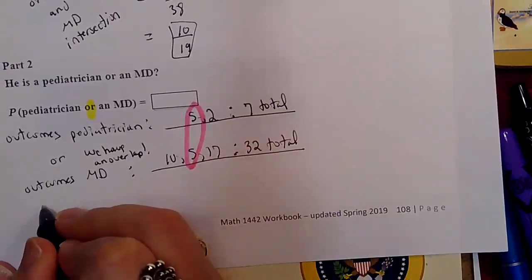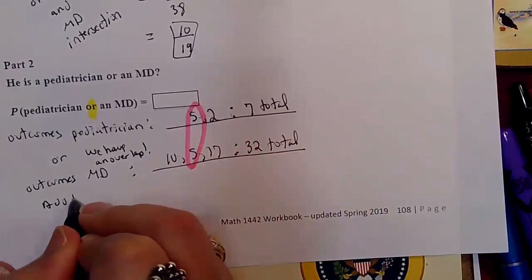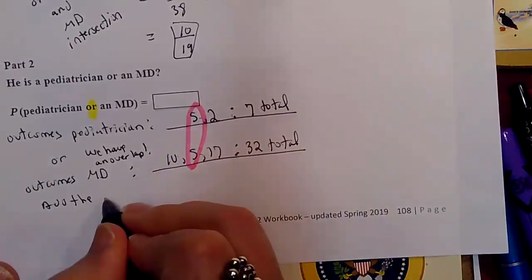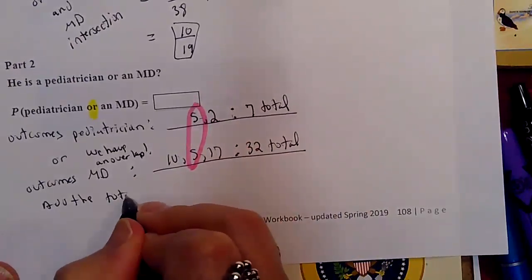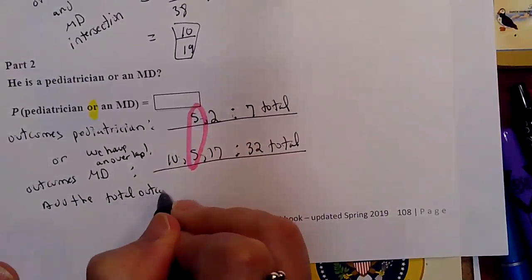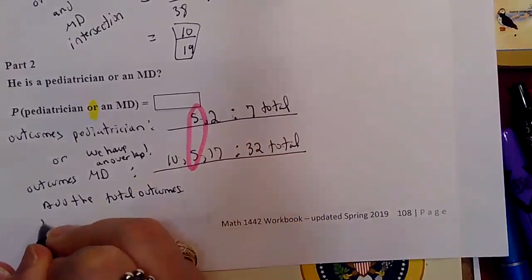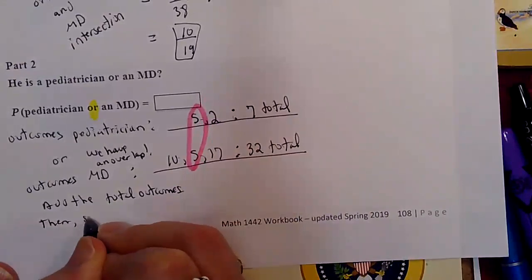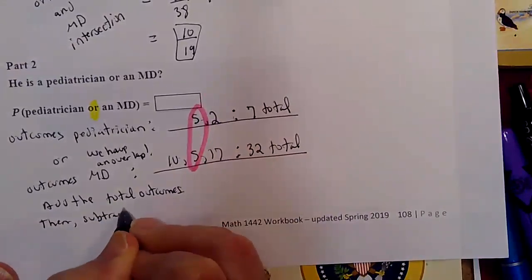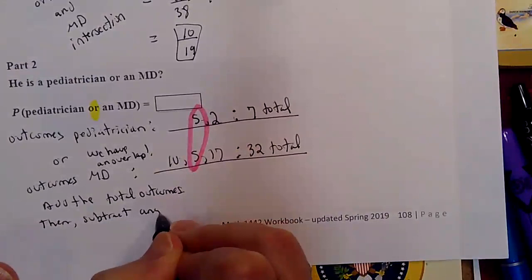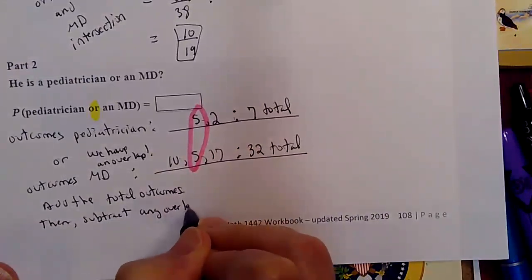So what you're going to want to do is add the total outcomes, and then you're going to subtract any overlaps.